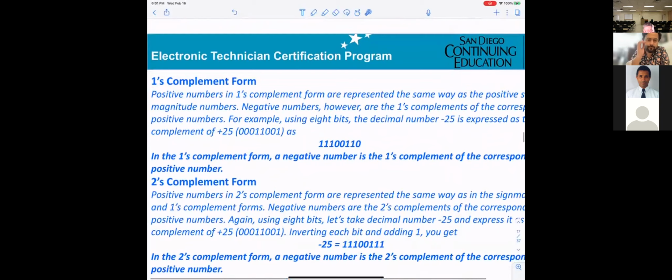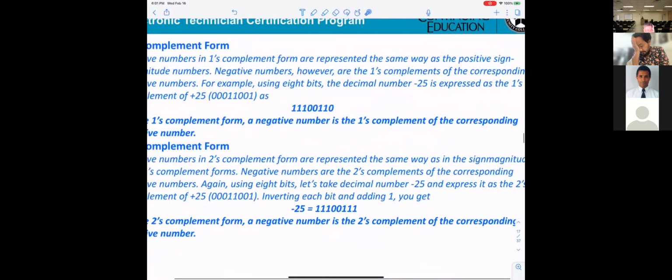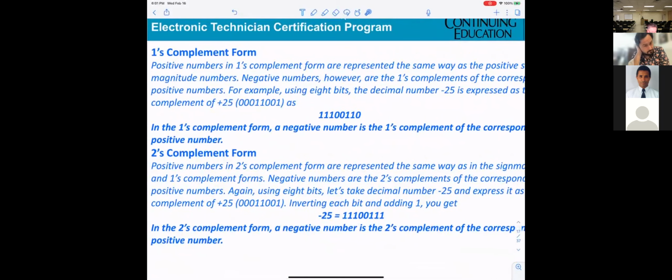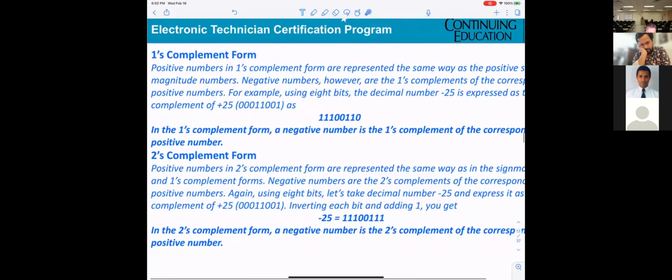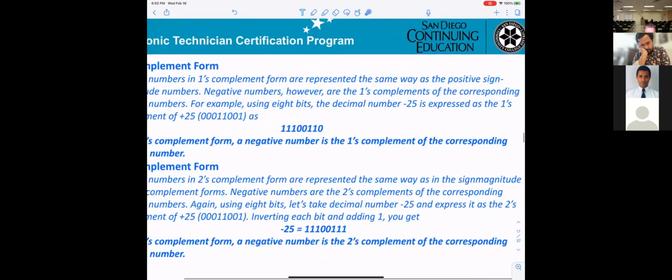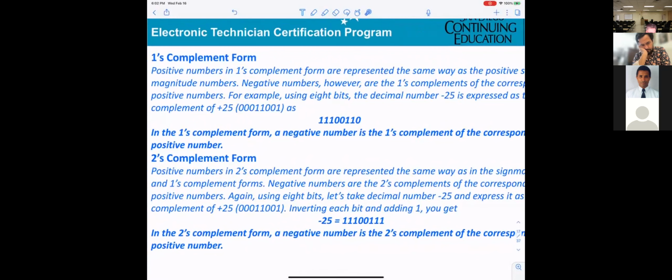Okay, thank you. First complement form. Positive numbers in one's complement form are represented the same way as positive sign magnitude numbers. Negative numbers, however, are the first complement of the corresponding positive number.